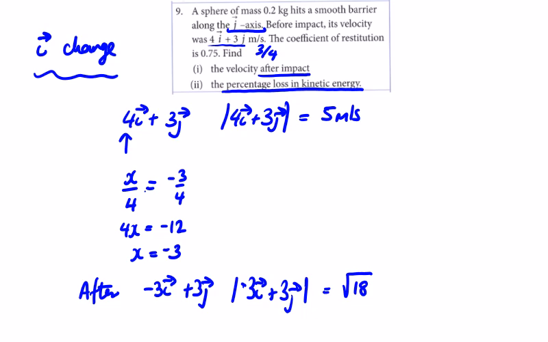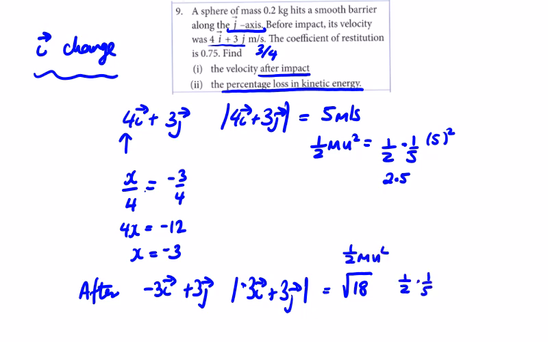A half mu squared for this one is a half times 0.2, which is a fifth, times 5 squared. So 25 over 10 is 2.5. And down here, a half times a fifth times the square root of 18 squared is just going to be 18 over 10, which is 1.8.